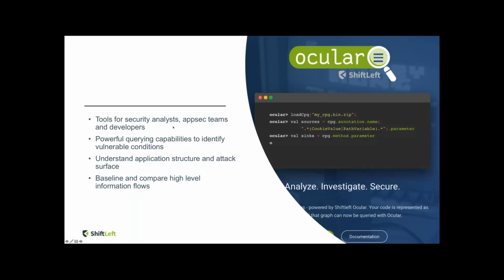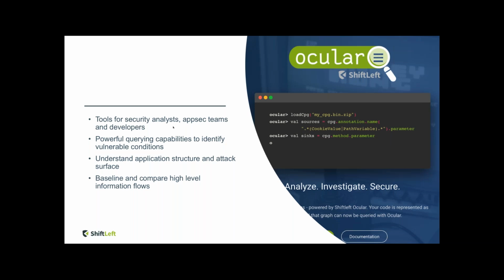So let's shift gears and understand how you can identify these threat patterns or insider threat patterns or perhaps backdoors in your code using shift-left Ocular. Shift-left Ocular is an interactive query engine over this foundational code property graph that we spoke of. And just to regurgitate, code property graph is a graph of graphs connecting your application's custom code to your open source to the framework.